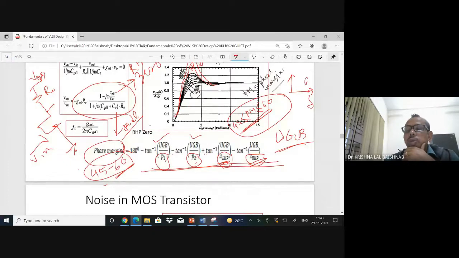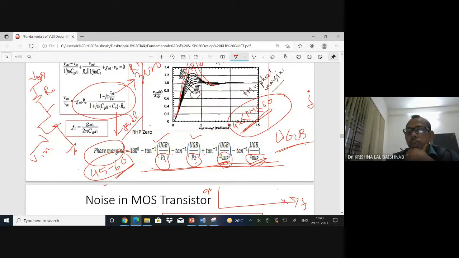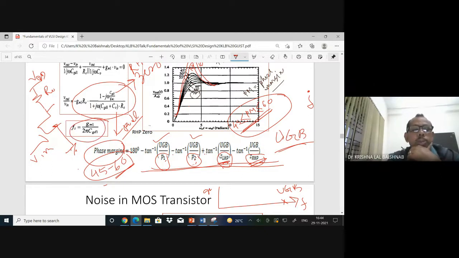Unity gain bandwidth will come into the picture at a very high frequency. I am drawing over here the gain at very high frequency, and this is my UGB. And what I'll do is take the pole to a higher distance, because the pole I can easily calculate. Who controls my pole? gm and CD.